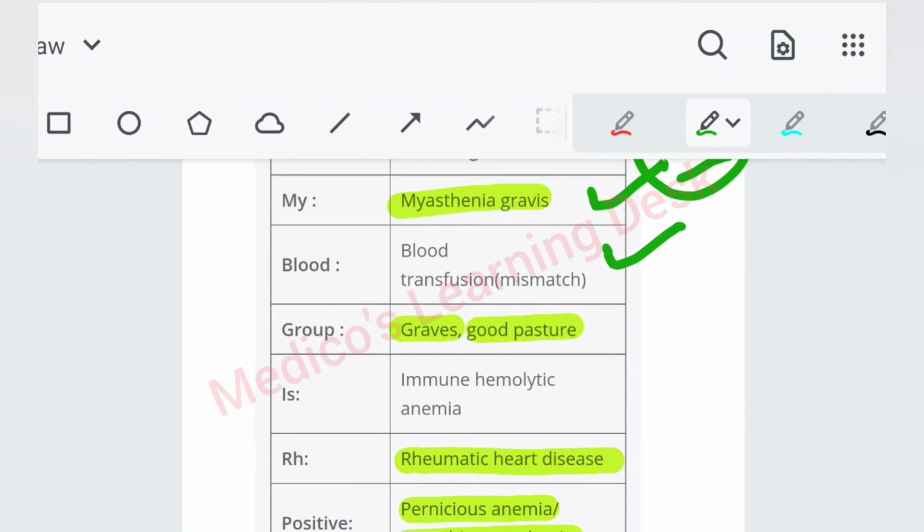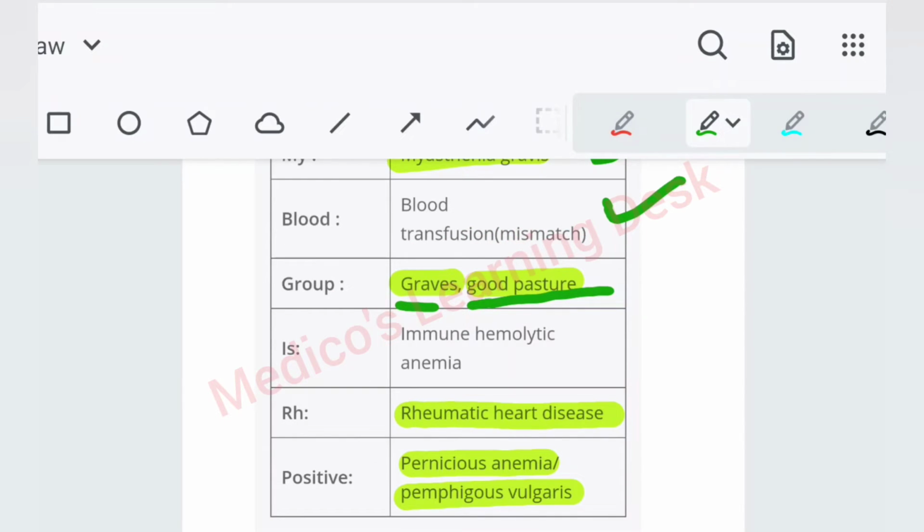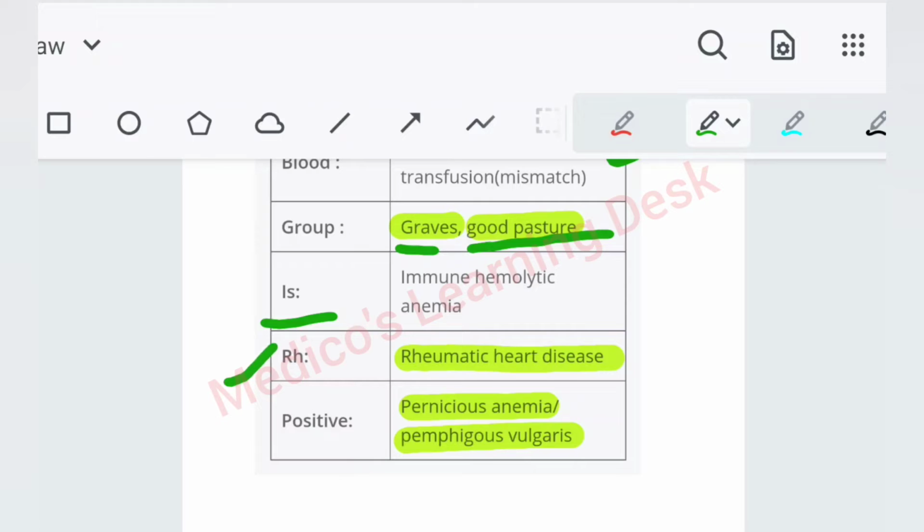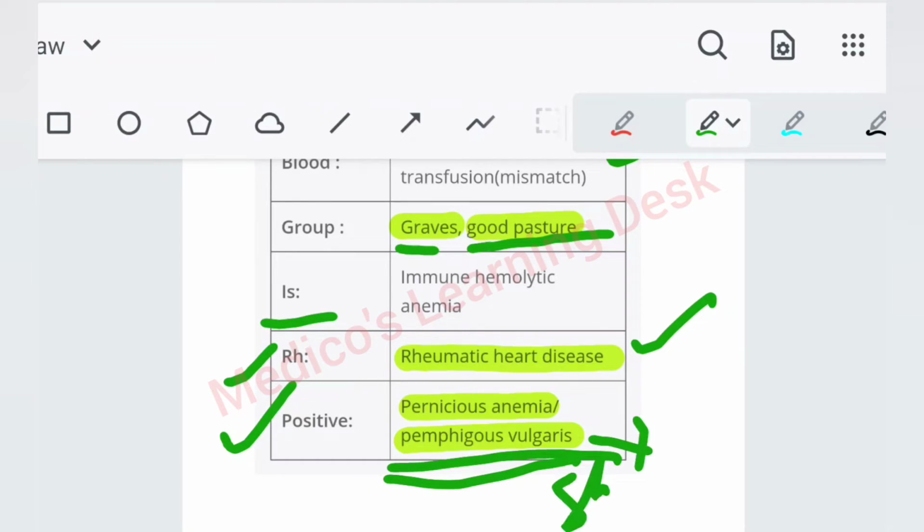Okay, then group is for Graves and Goodpasture syndrome. Is is for immune hemolytic anemia, and Rh is for rheumatic heart disease. Positive is for pernicious anemia and also pemphigus vulgaris is a skin disorder.